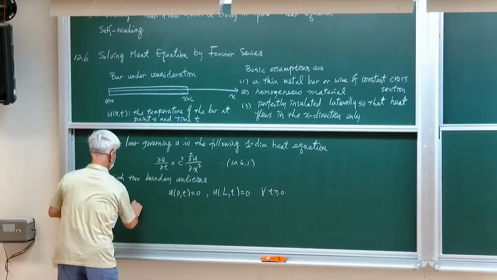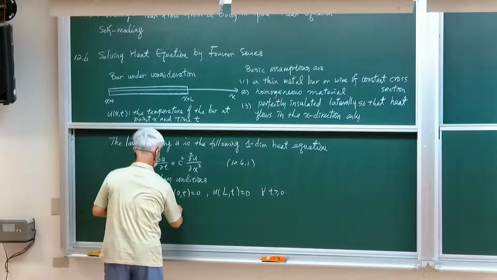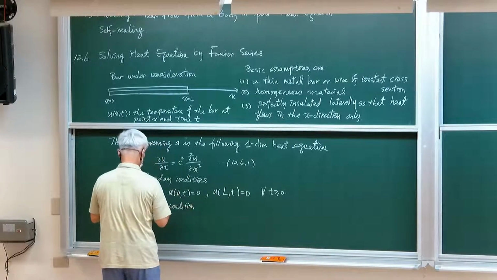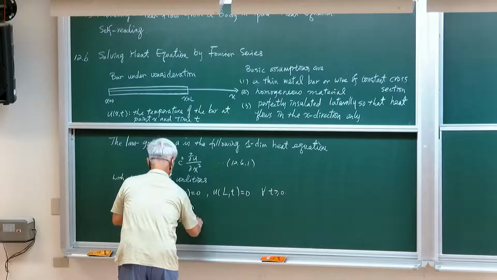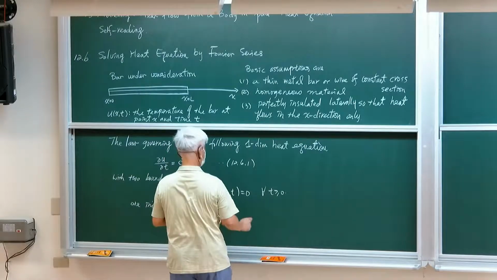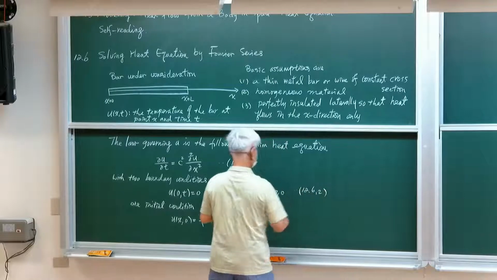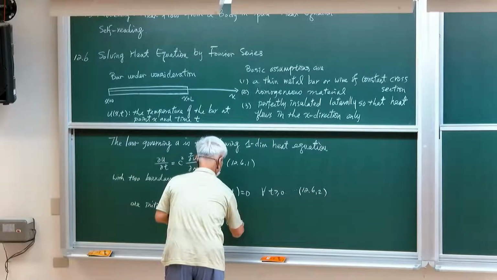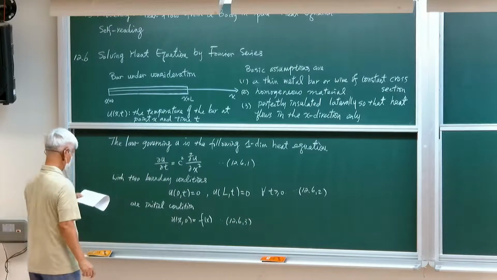And the one initial condition, which is u(x,0) is equal to f(x). This boundary condition will be denoted as 12.6.2, and the initial condition as 12.6.3.